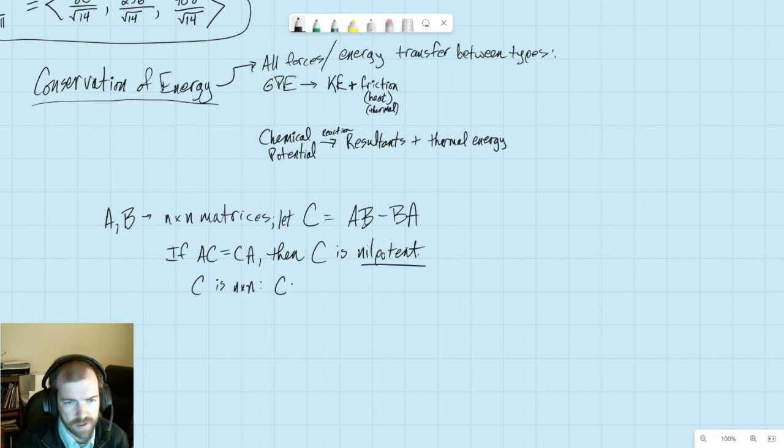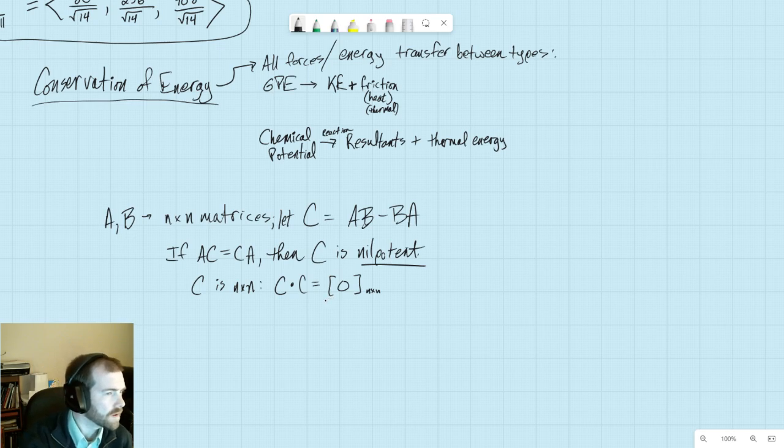Such that C times C is going to be equal to n by n zeros. This is not necessarily how you write things, but whatever, it's fine.